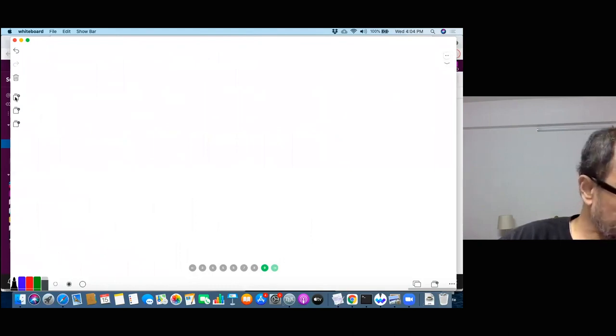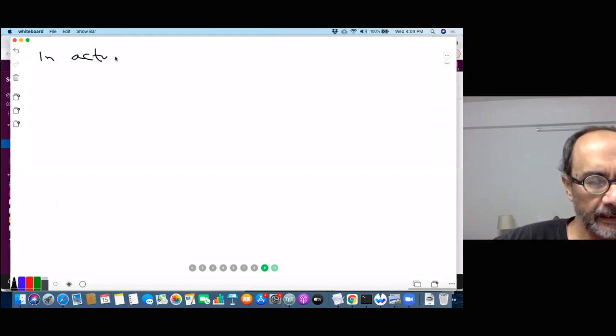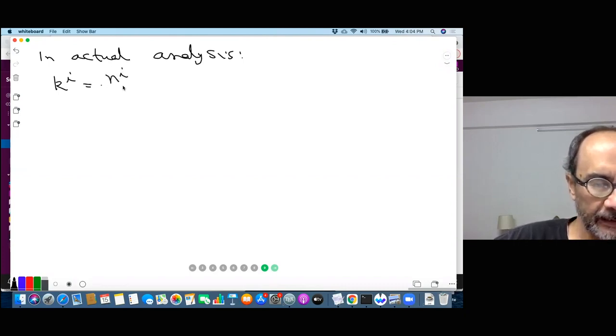So let me just say a few words about what changes in the actual analysis. There are two main changes. First of all, the momenta associated with these compact directions become quantized, where ni are integers, positive or negative.